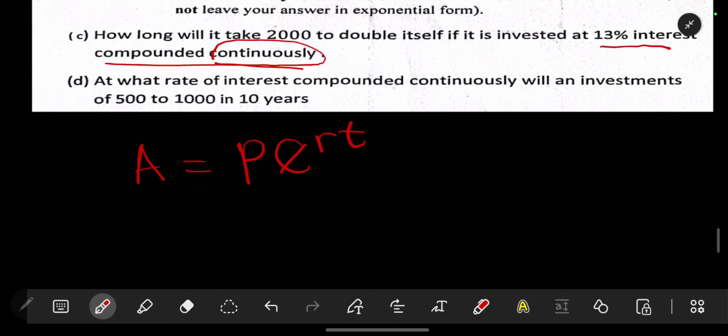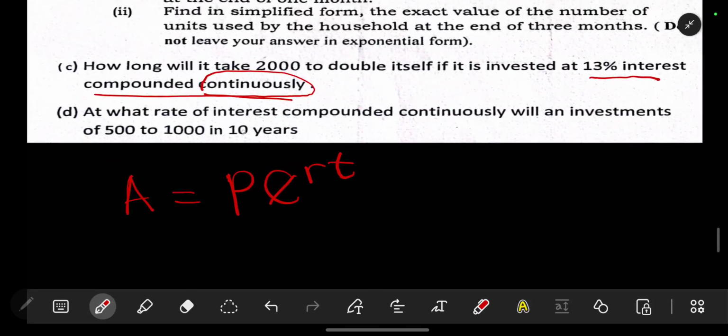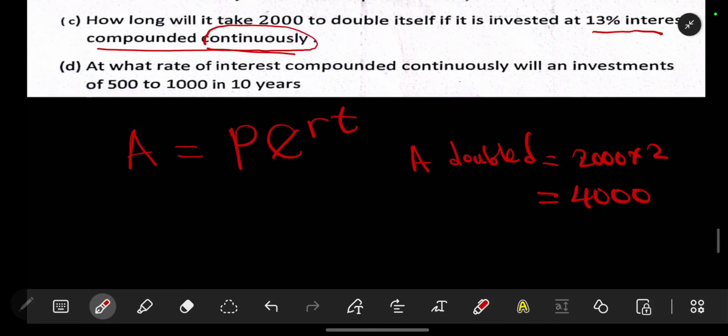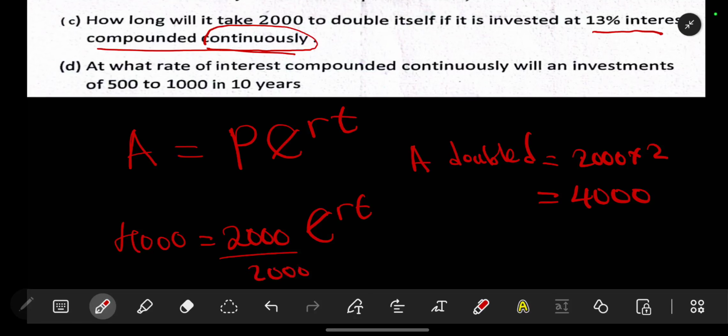So if it is doubled, that means A doubled will be equal to 2,000 times 2, which will be equal to 4,000. So we have 4,000 should be equal to the principal, which will be 2,000, times e to the power of rt, like that. So with this, we divide by 2,000.